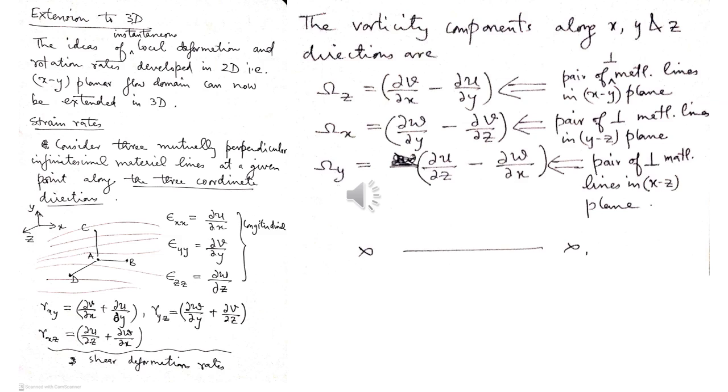Now what I would like to point out as a hint is that whatever we have done is done with a very specific coordinate system in mind, which is the Cartesian coordinate system.